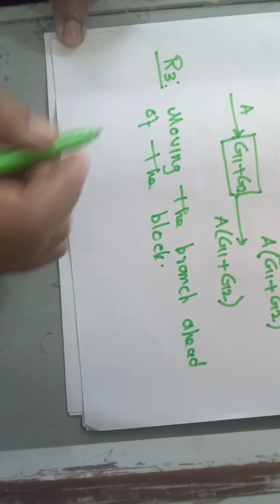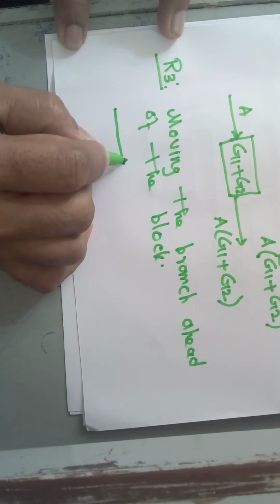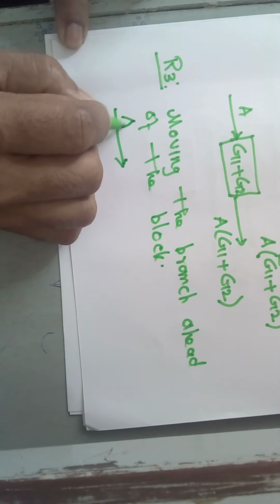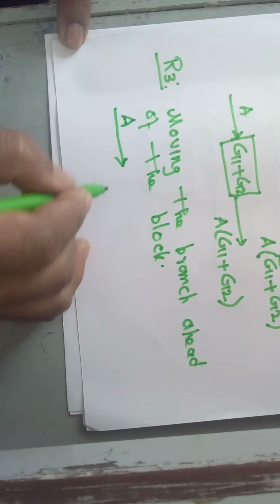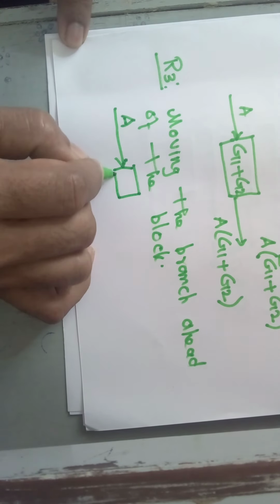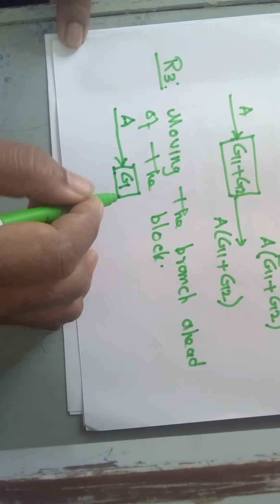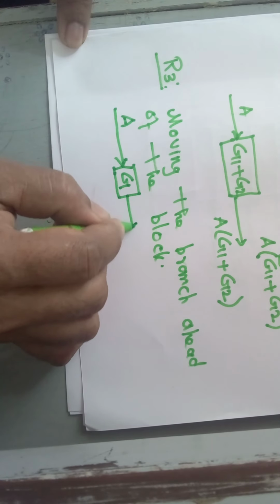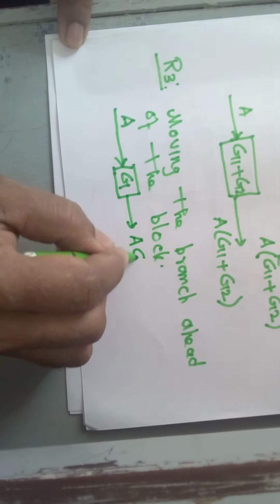You just see there is a block diagram like this. The input is A, and you are applying this input to a gain block G, and of course the output from this gain block is A into G.